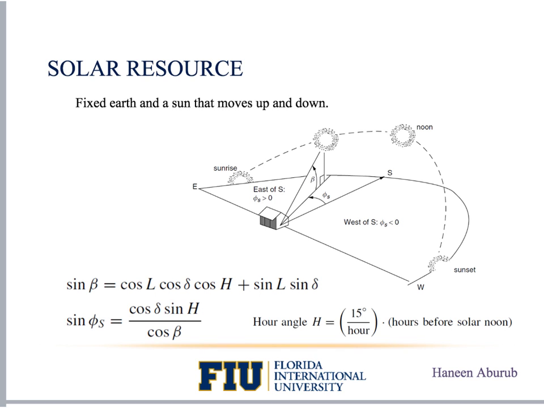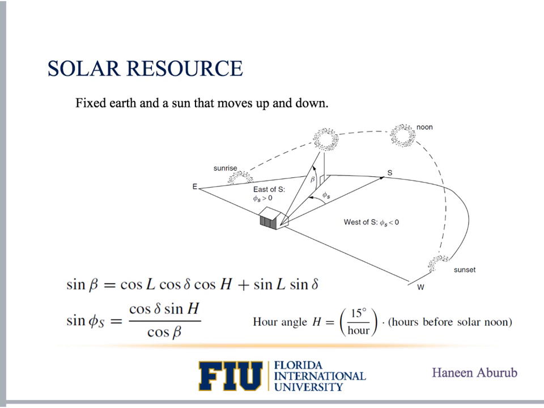Now the equations shown below the figure here, sine beta and sine phi s, are used to calculate the altitude and the azimuth angle. I know that before we found an equation for the altitude, but that equation did not include the time of the day. So this is a modified equation that included the time of the day for the solar time. And the second equation, as I mentioned, is to calculate the azimuth angle.